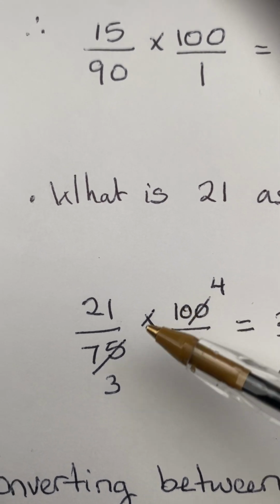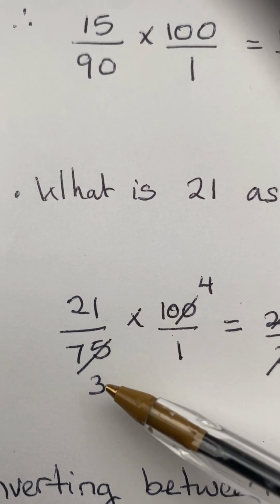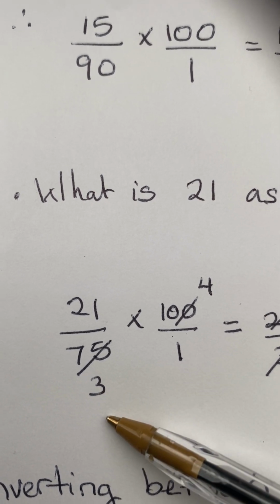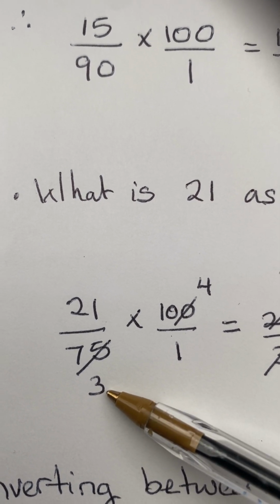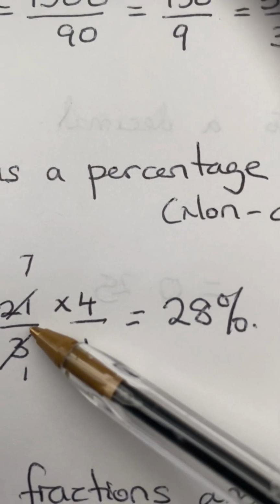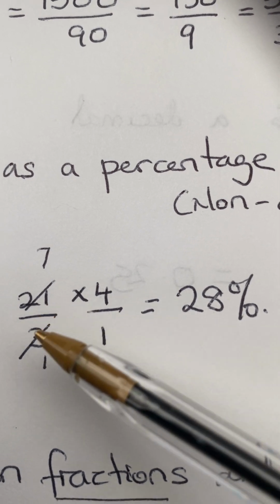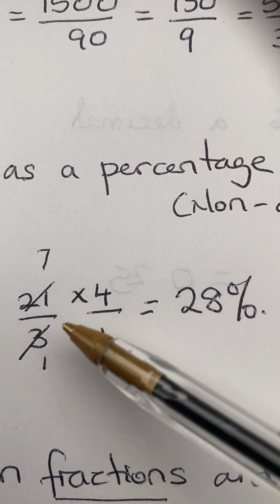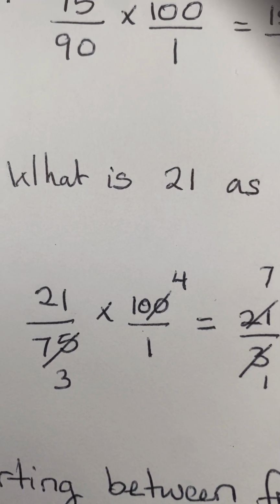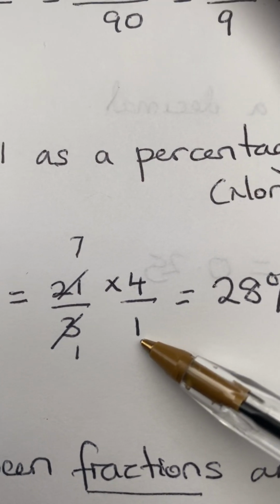Now 21 and 3. How many 3s do we have in 3? 1. How many 3s do we have in 21? 7. So this is what I have here: 21 over 3 times 4 over 1. From this step, I go there.